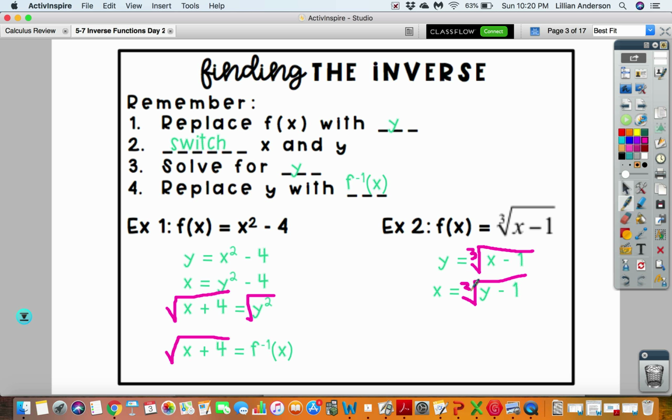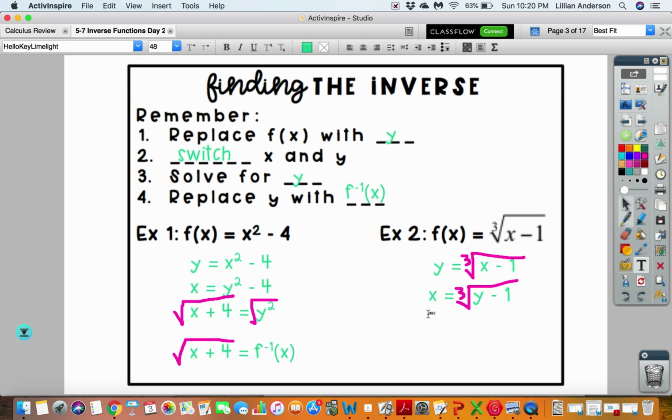Now, to get rid of a cube root, hopefully you cubed both sides. Just like to get rid of a square, like in the last problem you took the square root. Well, to get rid of the cube root, you do the opposite, so you cube it. And then after that, you add 1 to both sides, and you get that to equal y, but I'm going to go ahead and put in the inverse notation because that is my final answer.